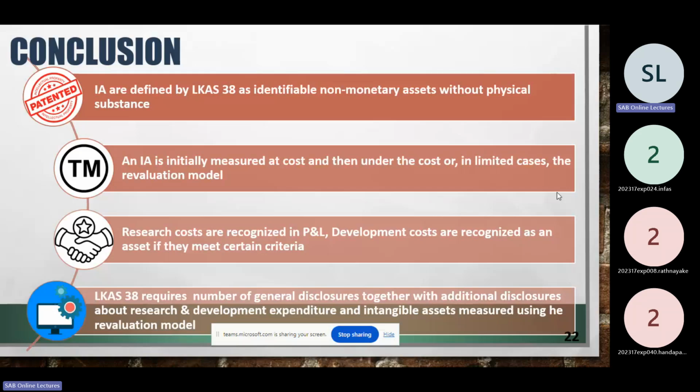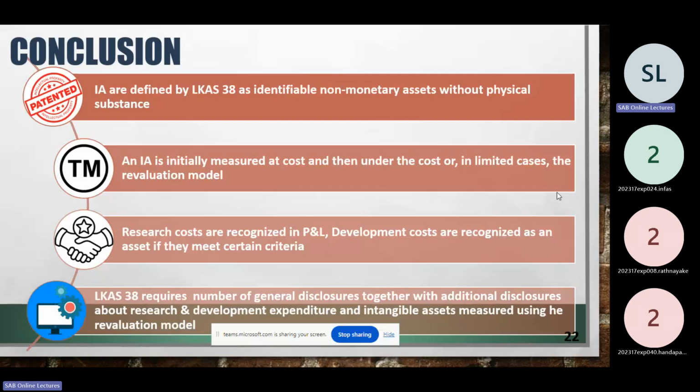Finally, we have the main conclusions in this standard. First one is that intangible assets are defined by LKAS 38 as identifiable non-monetary assets without physical substance. Second one is that an intangible asset is initially measured at cost and then under the cost model or, in the case of revaluation, the revaluation model.